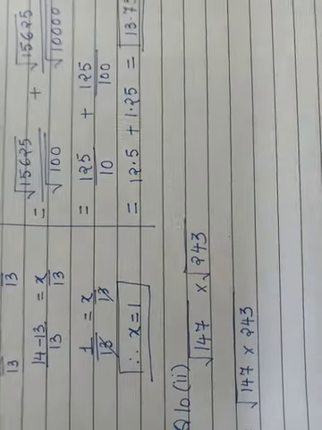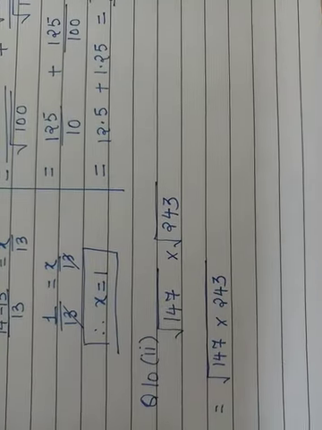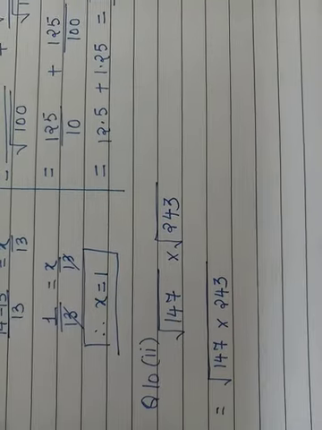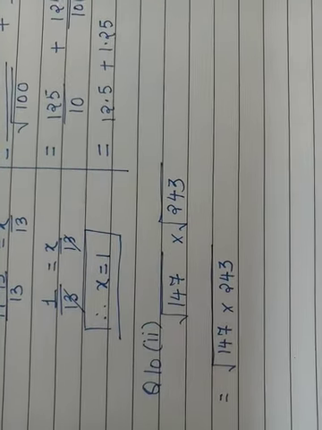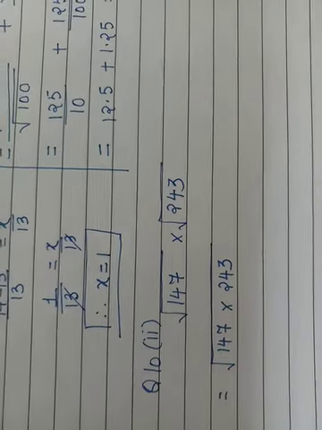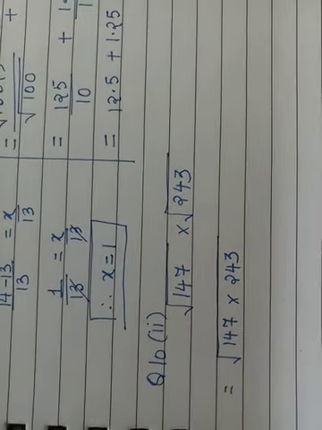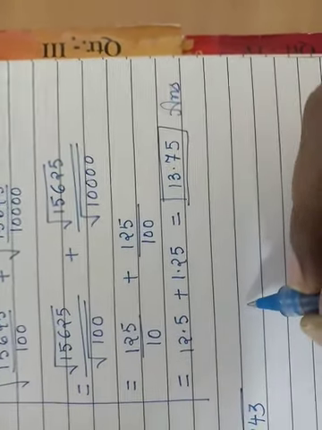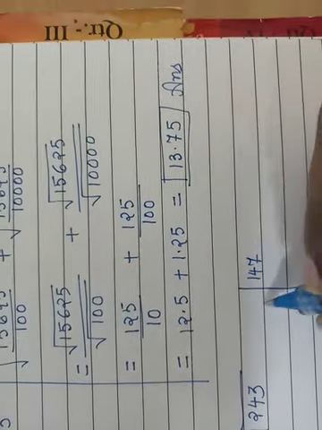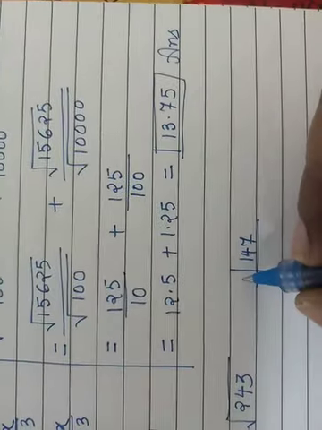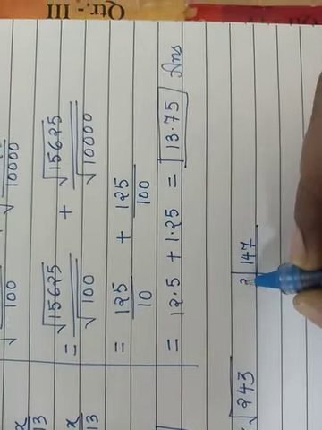243. Now to find the square root of this, either you multiply and then do the long division, or better to do the prime factorization of 147 and 243 separately. So I opt for the prime factorization method. I do the prime factorization of 147.